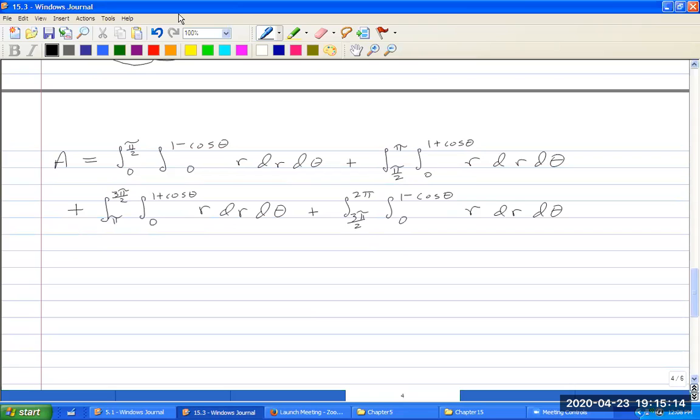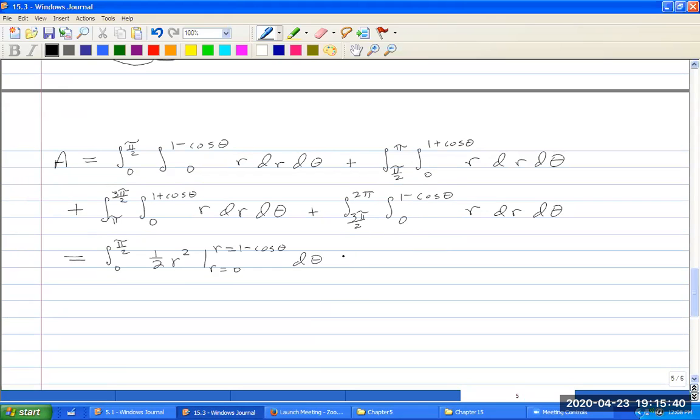So now we're going to integrate. So this is equal to the integral from 0 to pi over 2. Integrate this guy, so that's 1/2 r squared between r equaling 0 and r equaling 1 minus cosine theta, d theta.